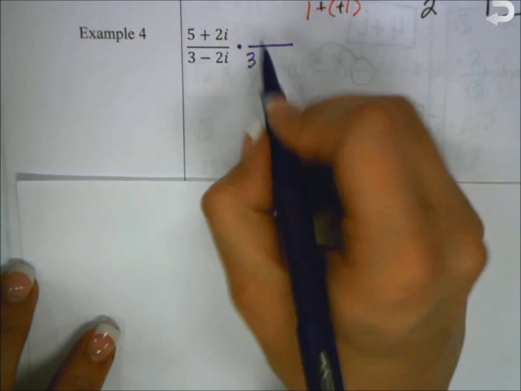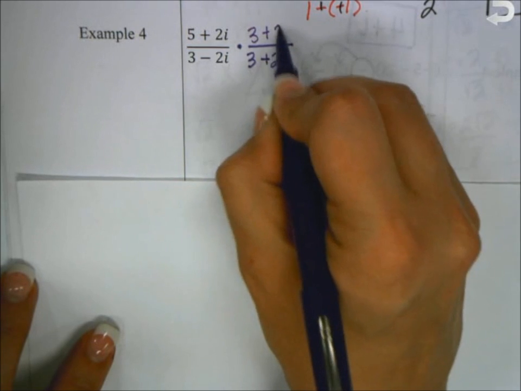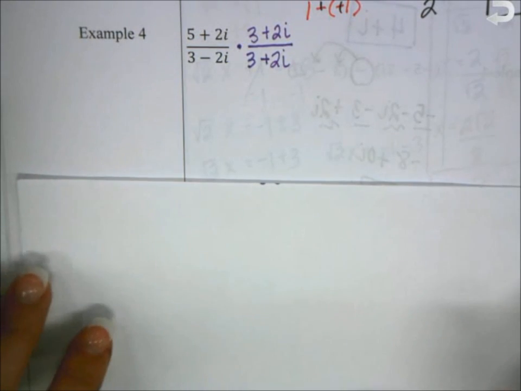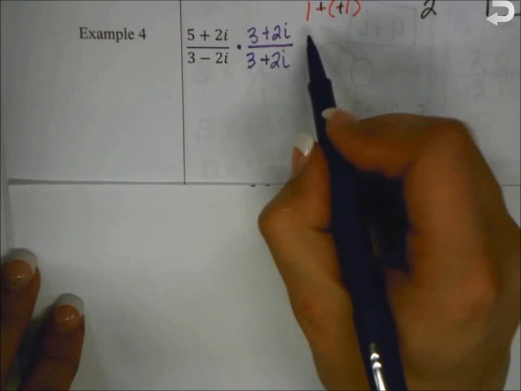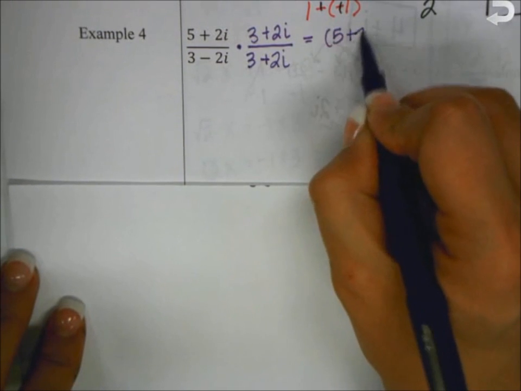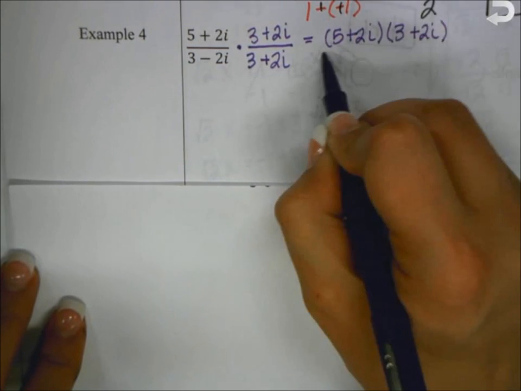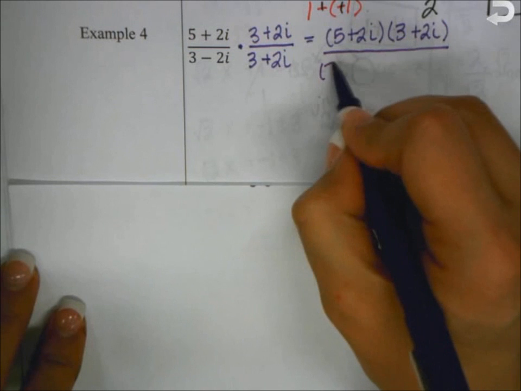Okay. So we're going to actually need to FOIL in both of these problems. 5 plus 2i times 3 plus 2i all over 3 minus 2i times 3 plus 2i. So let's FOIL.